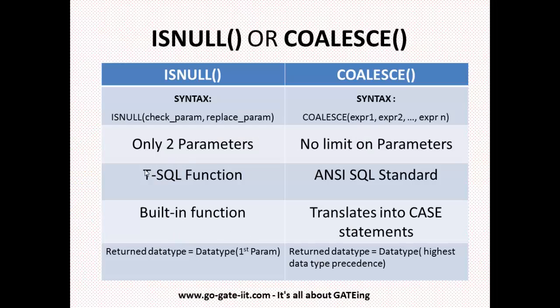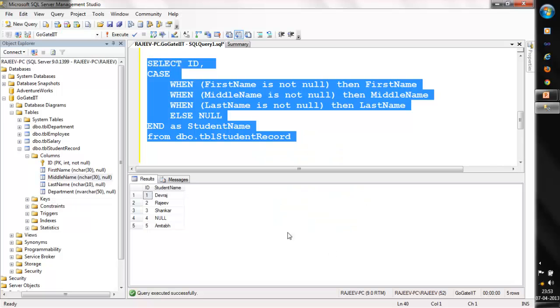And the final difference is the return data type. The return data type when using ISNULL is the data type of the very first parameter passed in the ISNULL function. In the case of Coalesce, the return data type is the data type with the highest data type precedence. What does this mean? We'll consider one more example here.